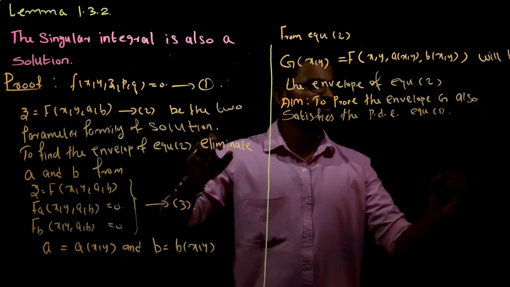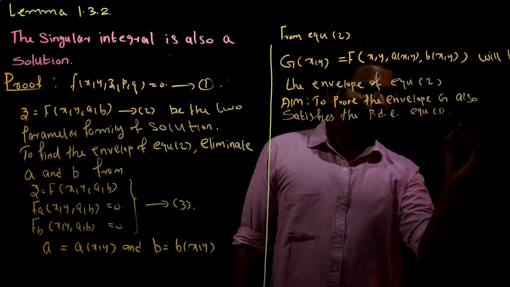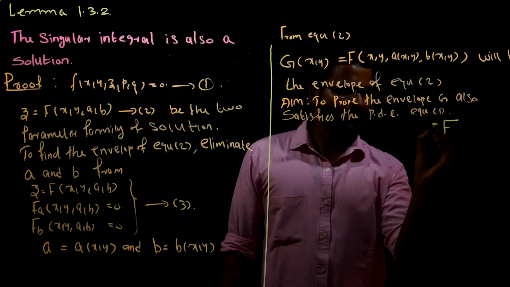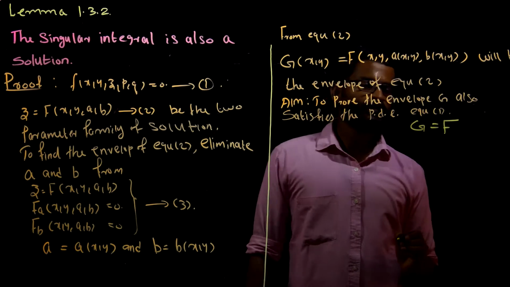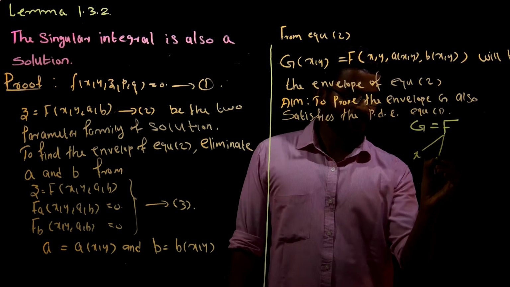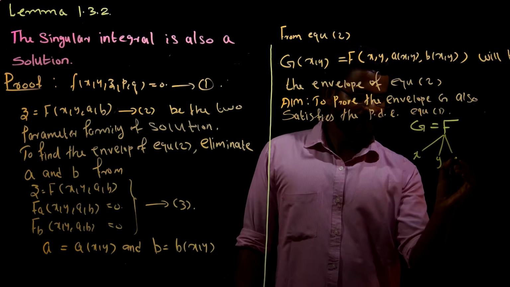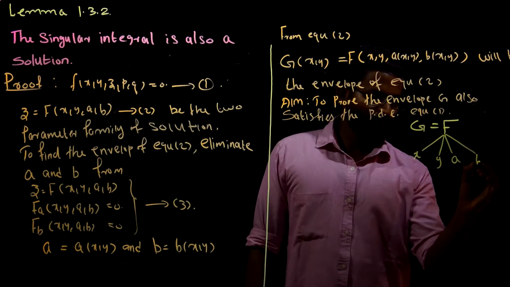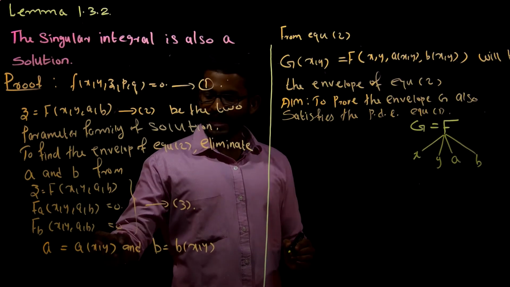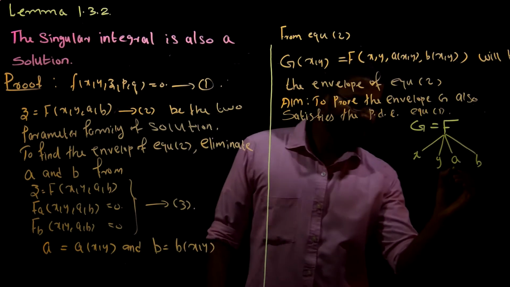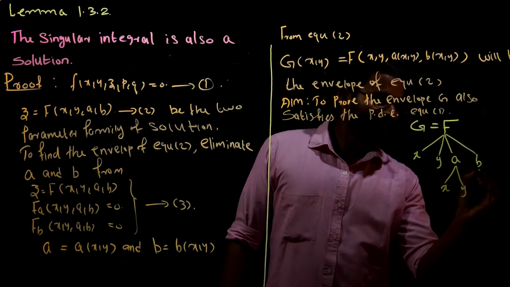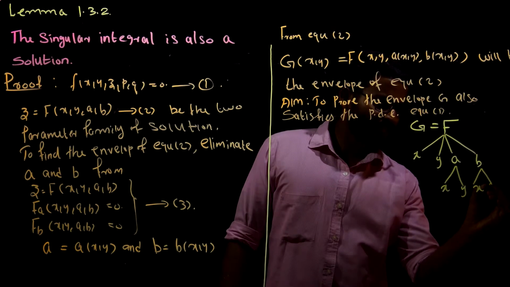For that, we have G is equal to F, and F has variables x, y, a, b, where a is in terms of x and y, also b is in terms of x and y.